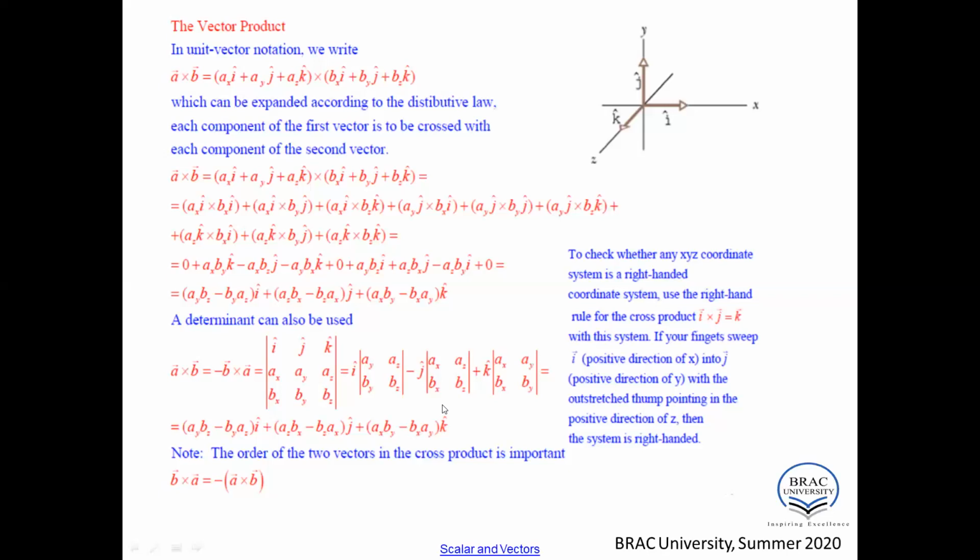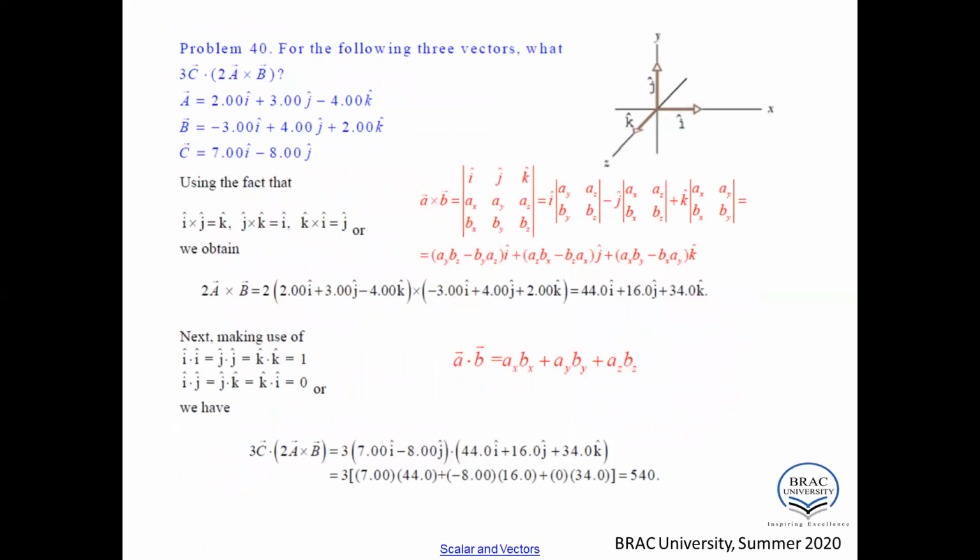So in case of reverse cycle, we have to consider a minus sign. i, j, k is the particular cycle, and i, k, j is the opposite cycle. In this case, the cross product remains negative.